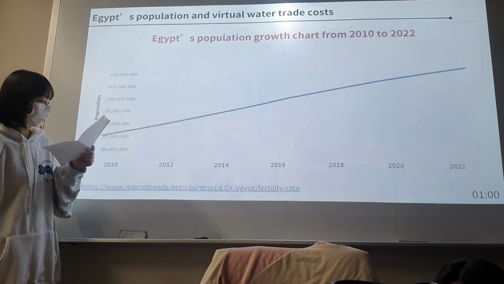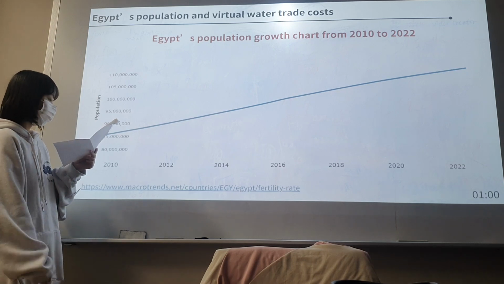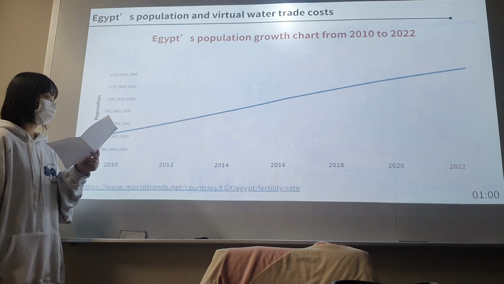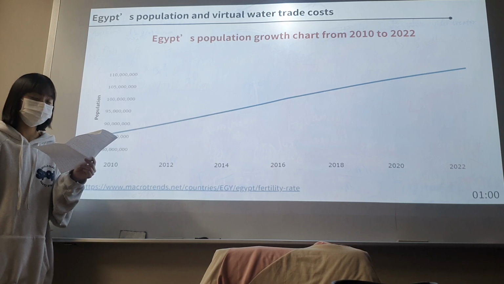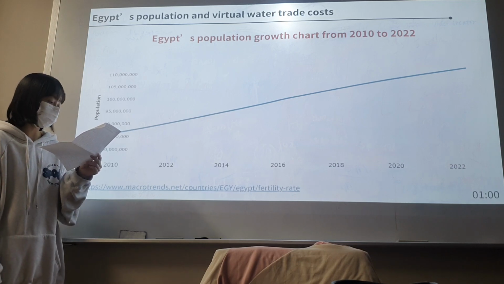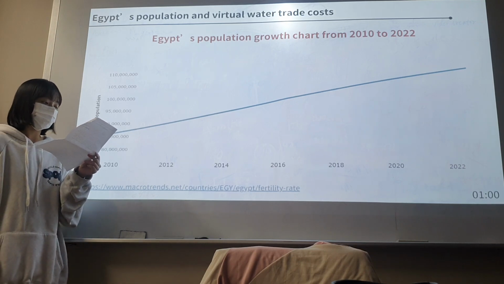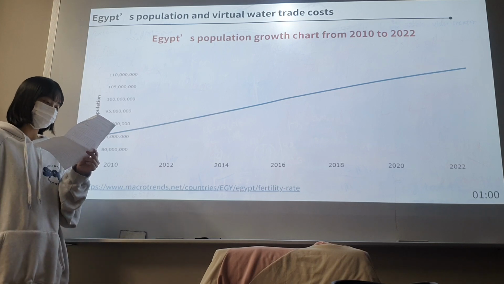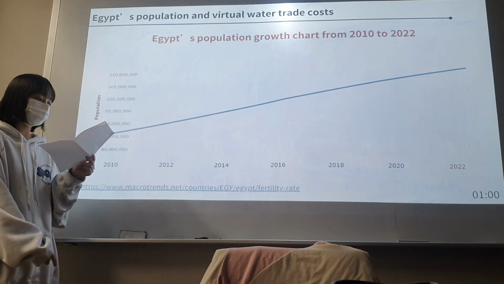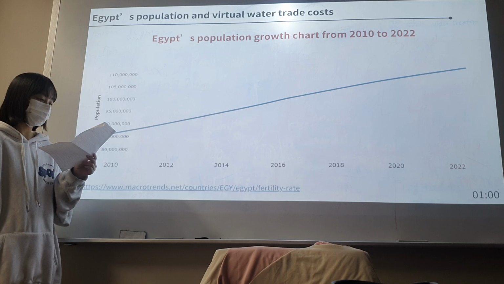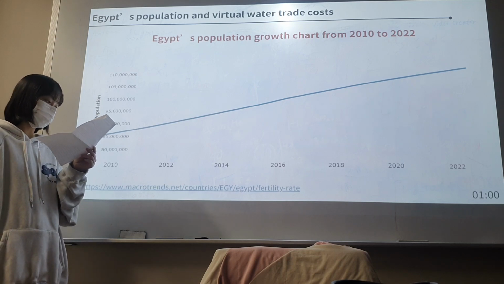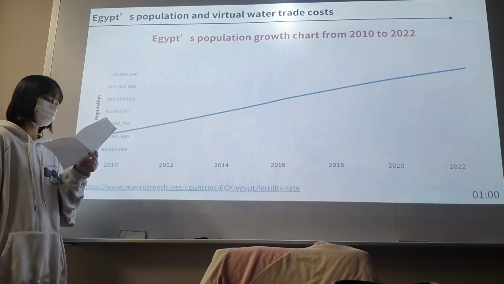Next, let's talk about the demographic change in Egypt. From the chart, we can see a continuous increase in Egypt's population from 2010 to 2022. The growing population contributes to an increased demand for water.